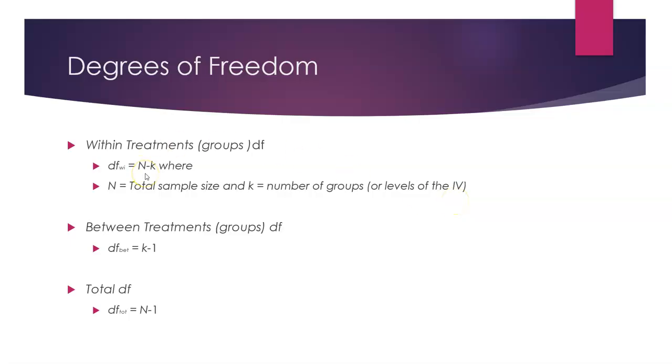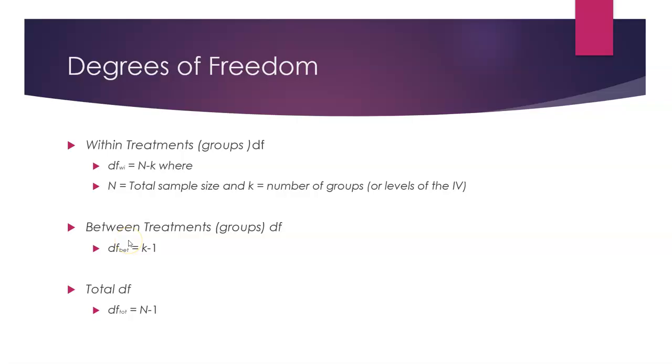So in an ANOVA with a sample of 100 and 3 different groups, n would be 100, k would be 3, and our within treatment degrees of freedom would then be 97. Right? 100 minus 3 is 97.